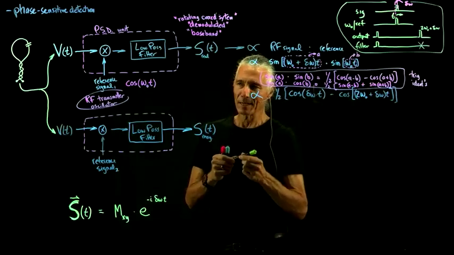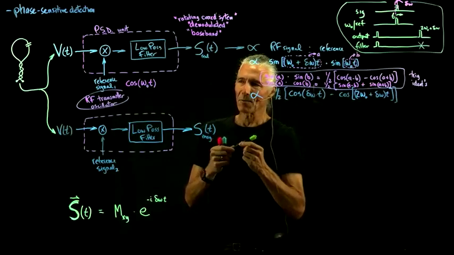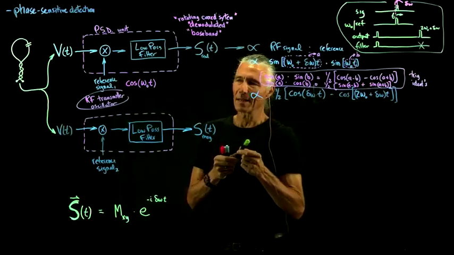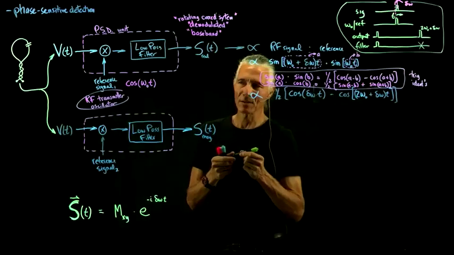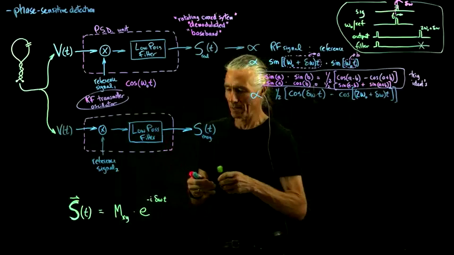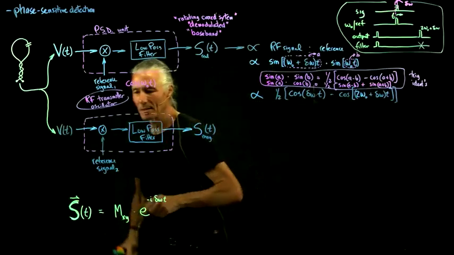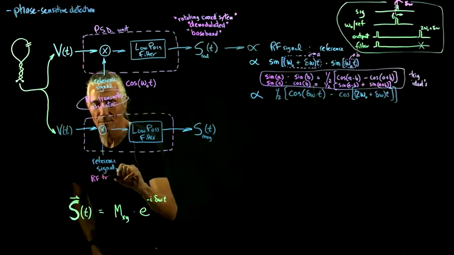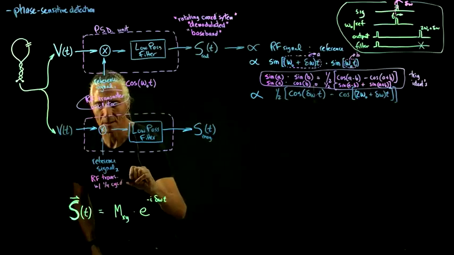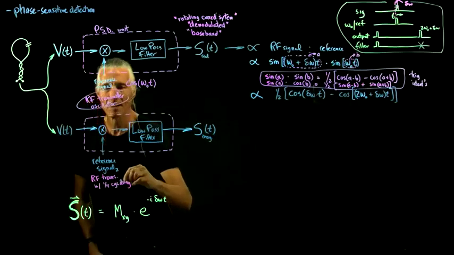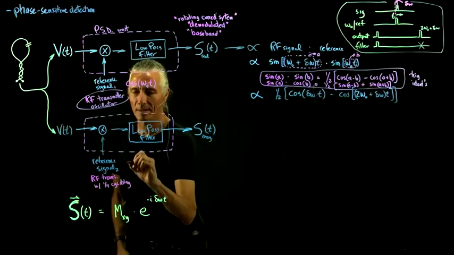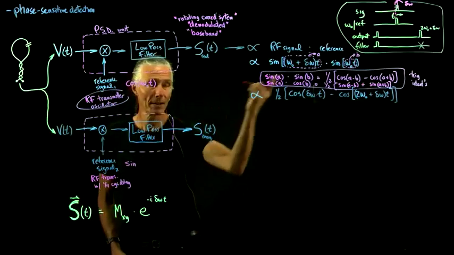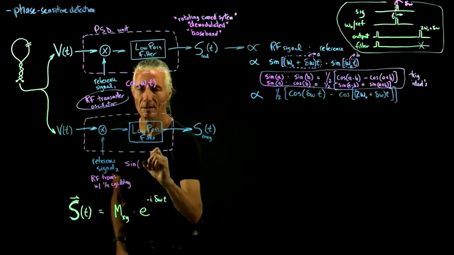And what does the phase mean? It just means the angle of the oscillation at a particular point in time relative to angle 0 as defined by the transmitter. And the only difference down here, so this is the RF transmitter with 1/4 cycle delay. And so this guy will be a sine, which is the one that I worked out there.